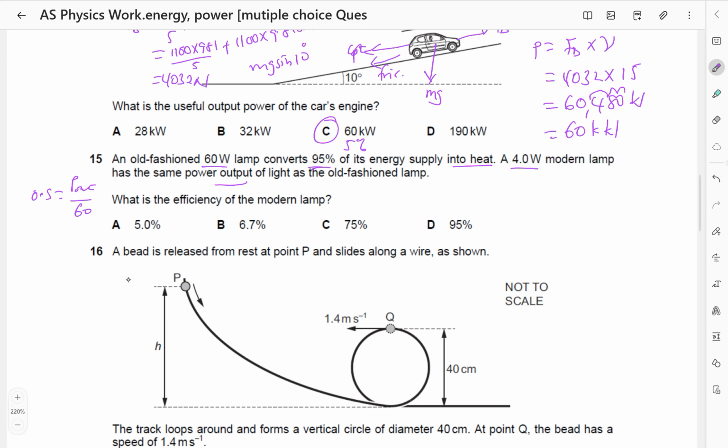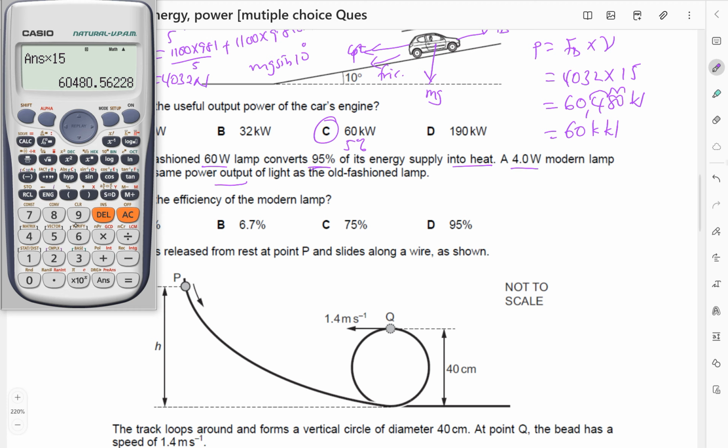That is for the old-fashioned lamp, which means the power output is going to be efficiency times 60. Is it 3 or 30? Let me check. 5 divided by 100, that is 0.05.